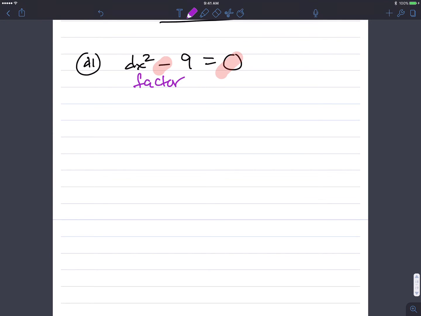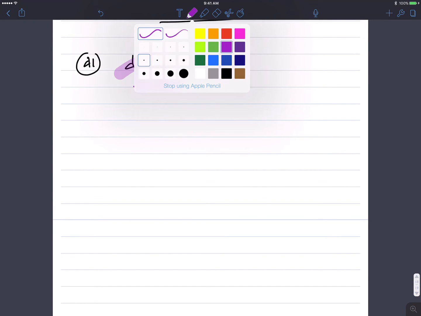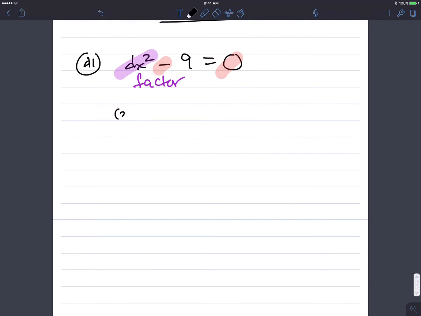Is that a difference of perfect squares? Well, we got to know, is 4x squared a perfect square? It sure is. Now, what was squared to get 4x squared? We have 2x to the second power. Is 9 a perfect square? Sure was. What was squared? 3. And you have the difference. So yes, there's a difference of perfect squares.